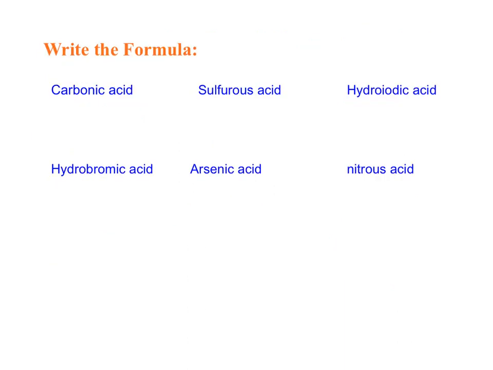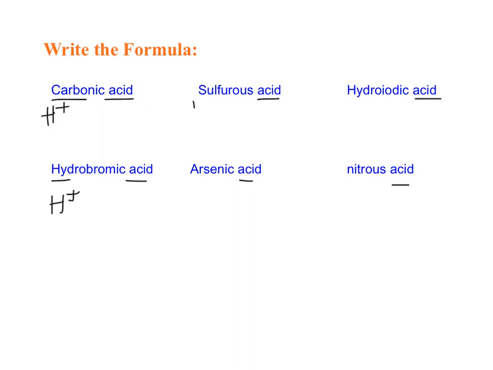So now we're going to work backwards. When I give you carbonic acid, we're going to make a formula. So you have to really pay attention to the endings, not necessarily acid, but the ics and the hydros, and just, I guess, pay attention to everything. We know that if they're ending in acid, all acids have a hydrogen in there.